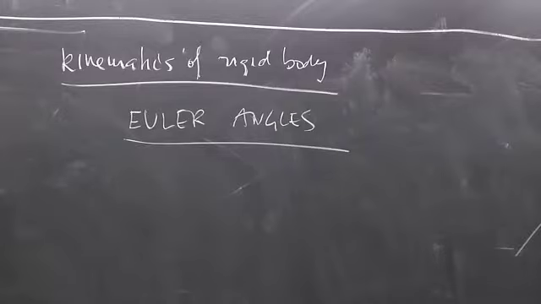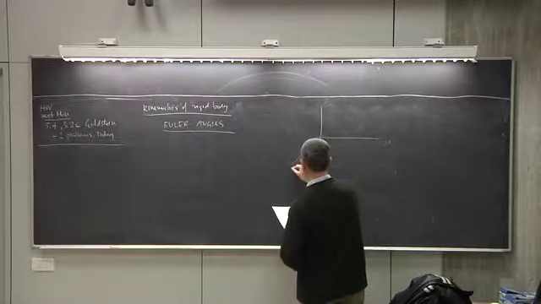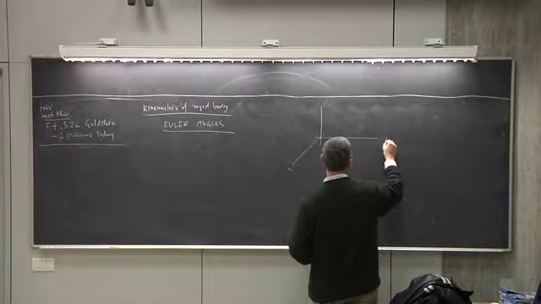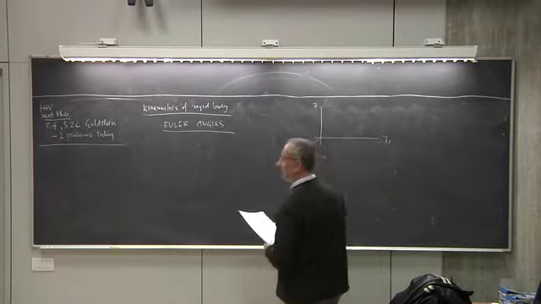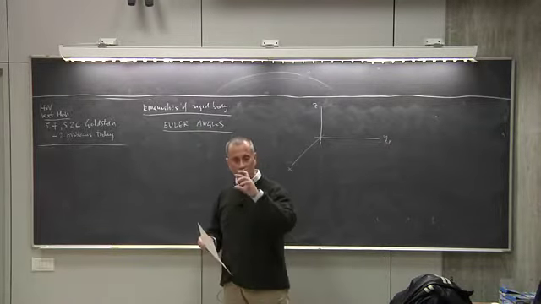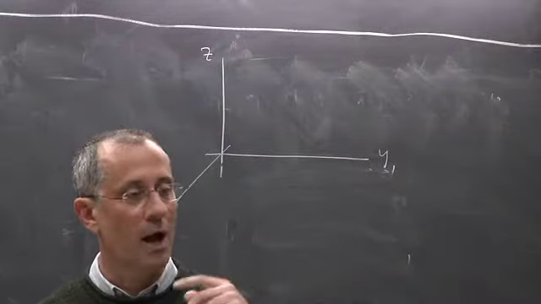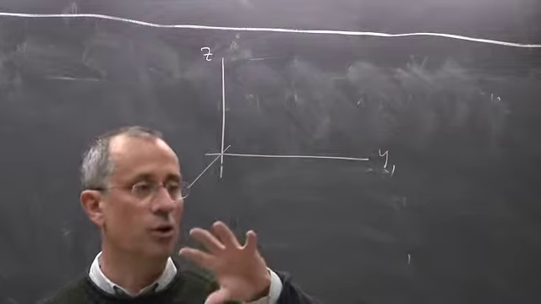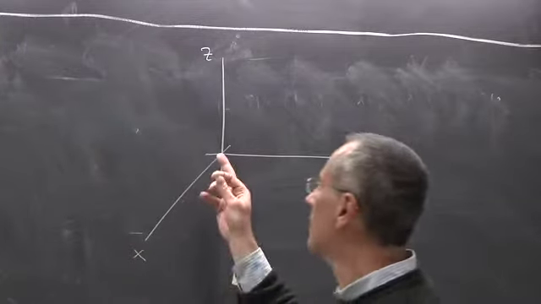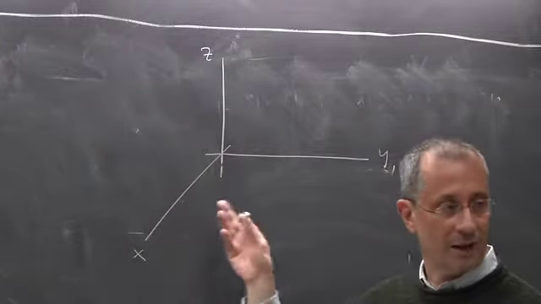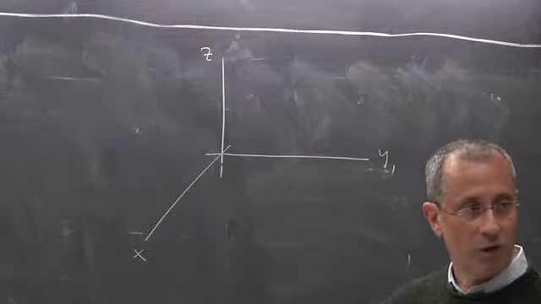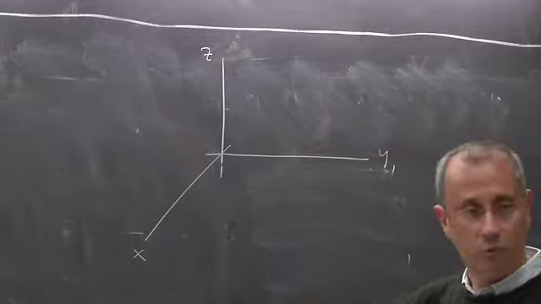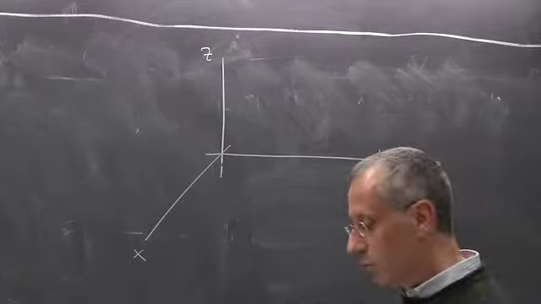Okay, so they are orthogonal axes, and this is x, y, and z, and through 3 rotations, each of which describes an angle, I go to an arbitrarily rotated final set of axes, okay? Because of what I said up to this point, this will define a rotation. So let's do it in 3 steps.